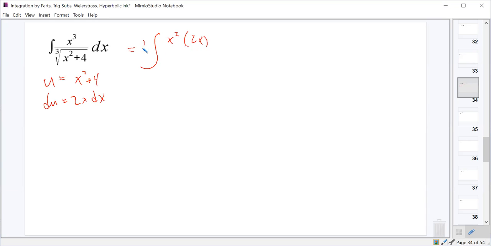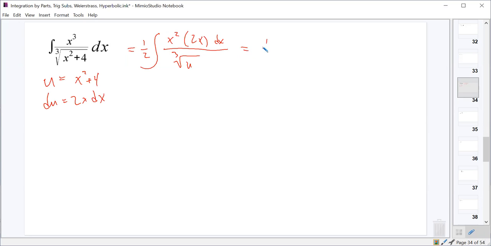So if we put a 2 inside, we'll put a 1/2 outside. So x squared times 2x dx over our cube root of u. And now we should be able to turn the x squared into what?